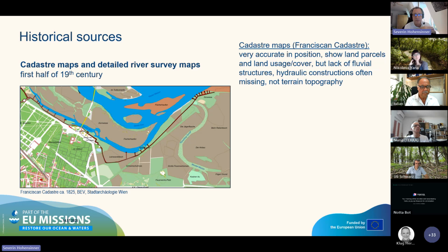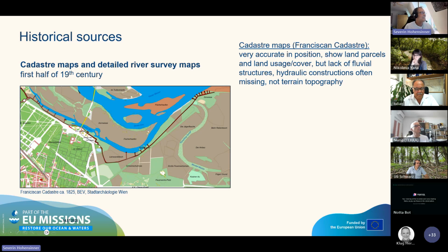And they are very accurate in position. They show each land property parcel and the land use or the land cover. But most of the time they lack fluvial structures, no sediment bars, no hydraulic constructions.